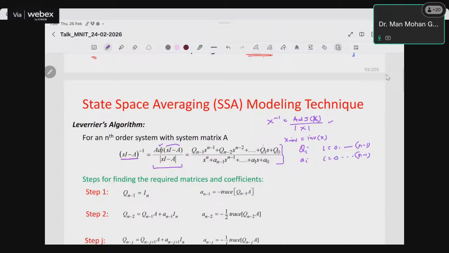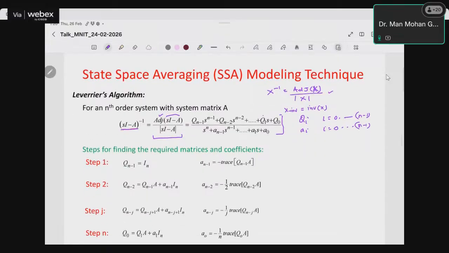Now our task is to find these Qi's and ai's, right? These Qi's and ai's are very easy to find. Manually it is possible if it is a small order matrix, and if it is higher order, then it is quite easy to use MATLAB or other tools, right?